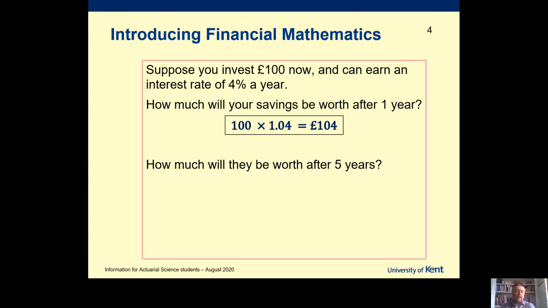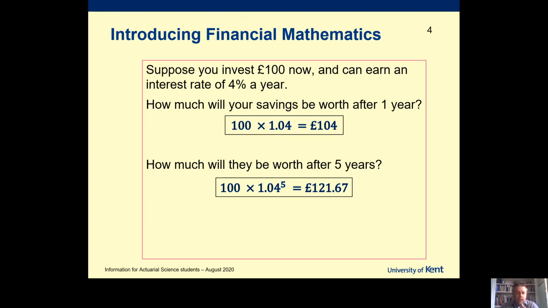So let's extend that. How much will it be worth after 5 years? Well, it's the same sort of idea. Each year it grows by 4%. So after 5 years, it will have grown by 1.04 to the power 5. Now you'll see a term as you go through the course of compound interest, but you can get the idea here.